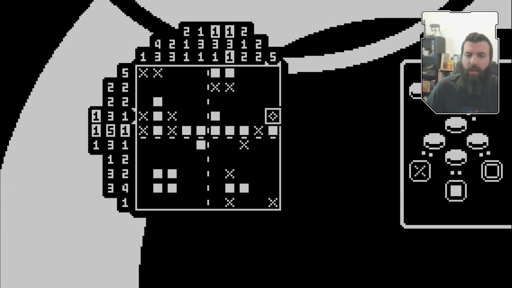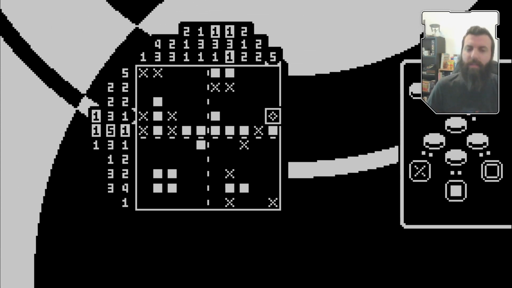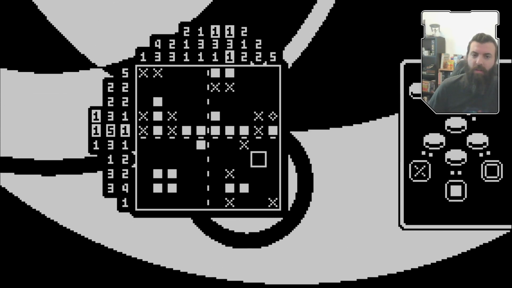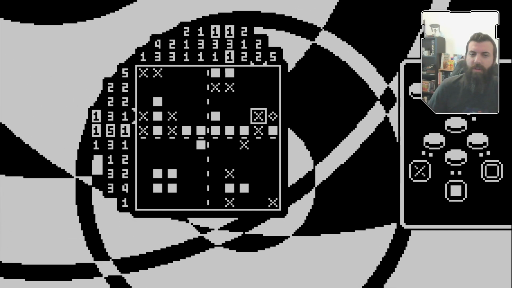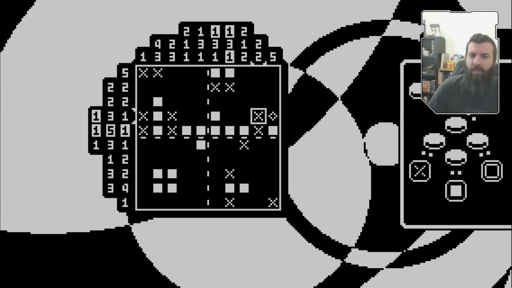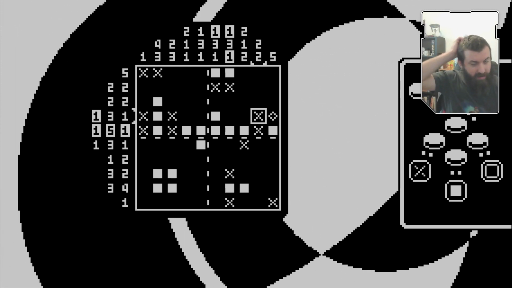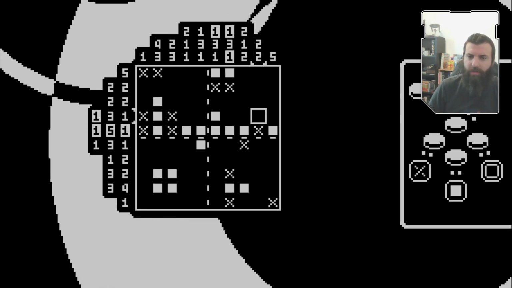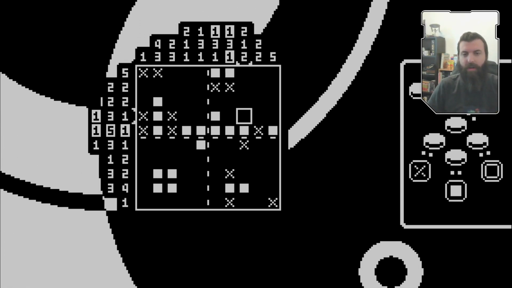I guess, let's do it. All right, so let's guess that that pixel is filled in. And so that means that this pixel is filled in. Which, unfortunately, is kind of the end of that extrapolation. Let's see if we can come up with a better guess.